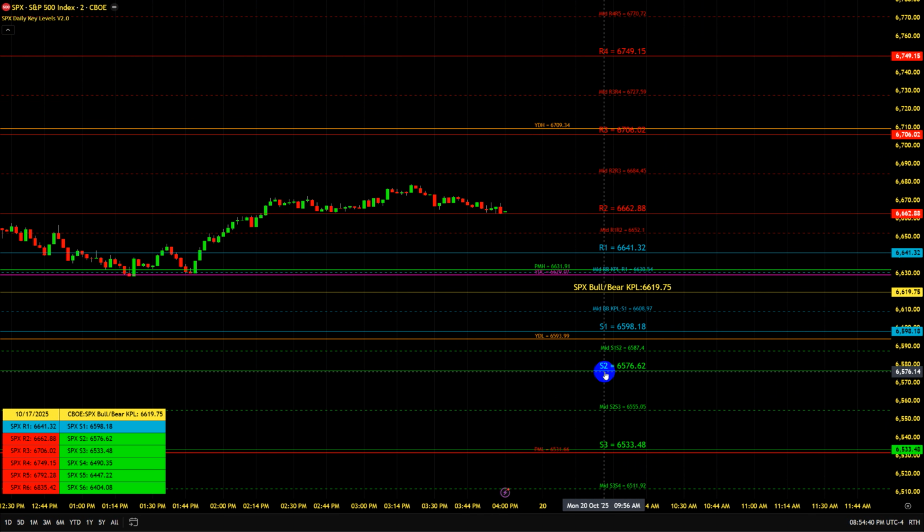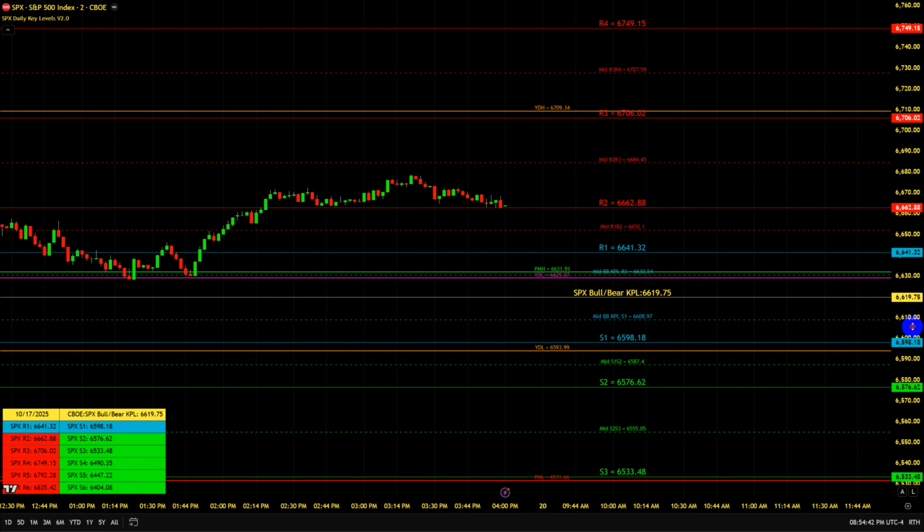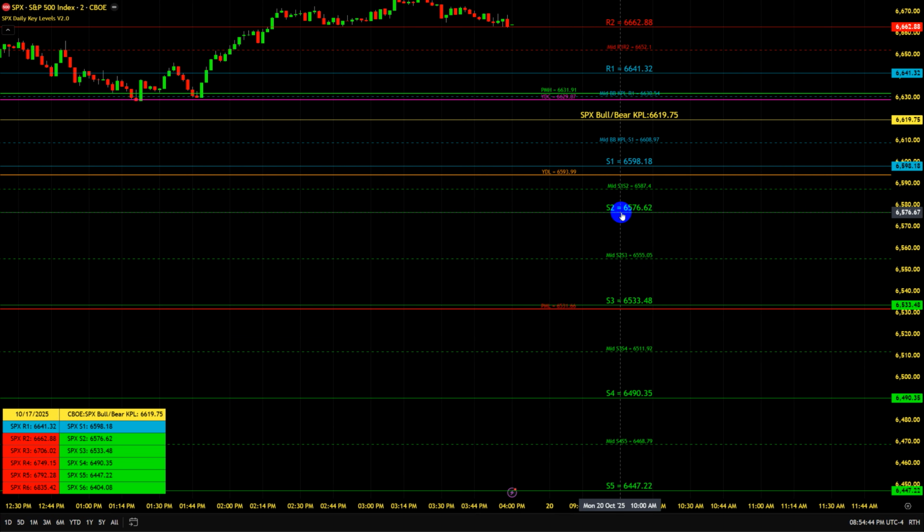So if you were taking a bearish trade off of S2, as you can see here, the difference between S2 and S3 is about 43 points.